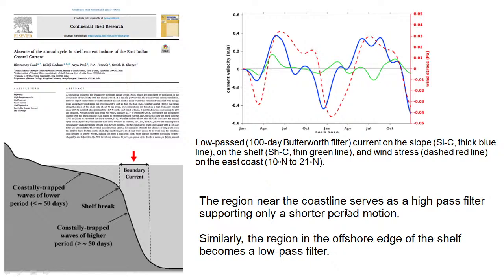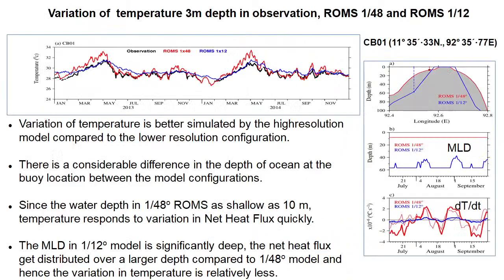So it supports only the high frequency variability part, whereas the bathymetry away from the coast is going to act as a low pass filter. So there is a natural filter which is going to do a band pass for the signals. So if you don't represent the bathymetry right in the models, it's going to create issues.